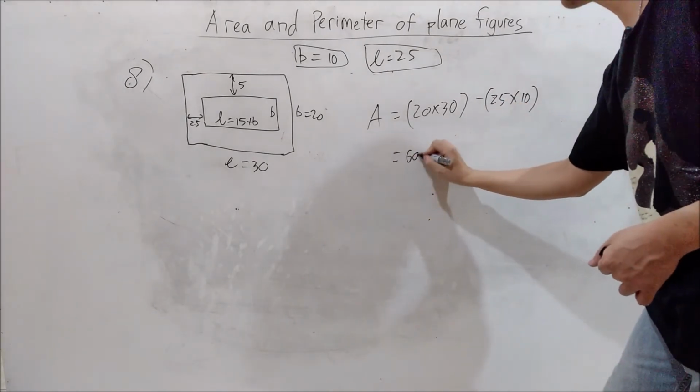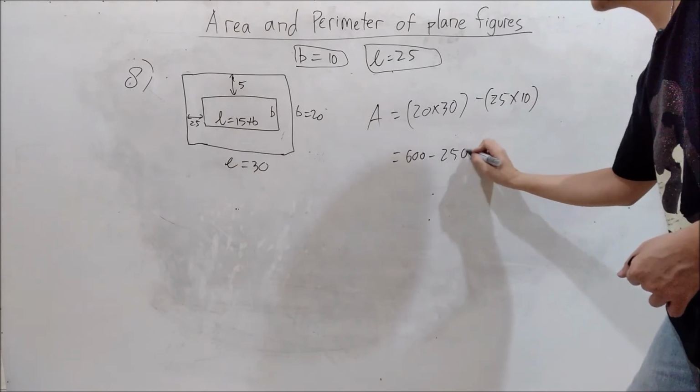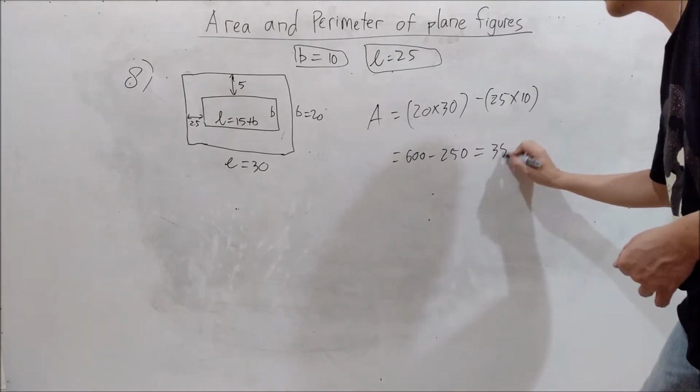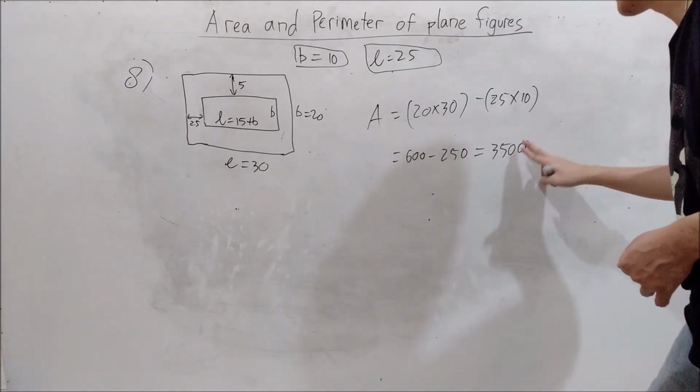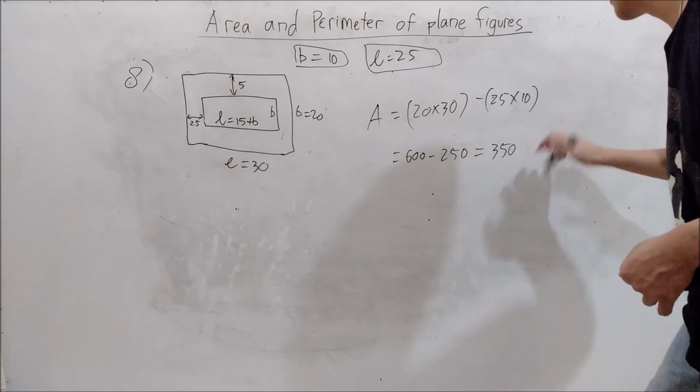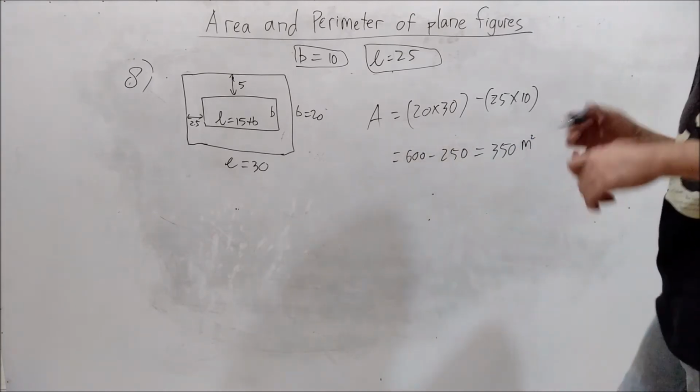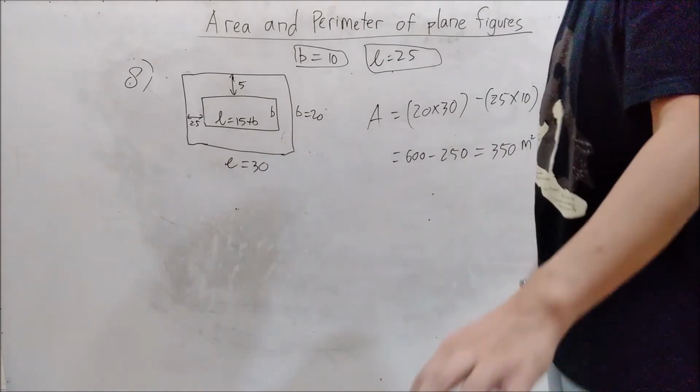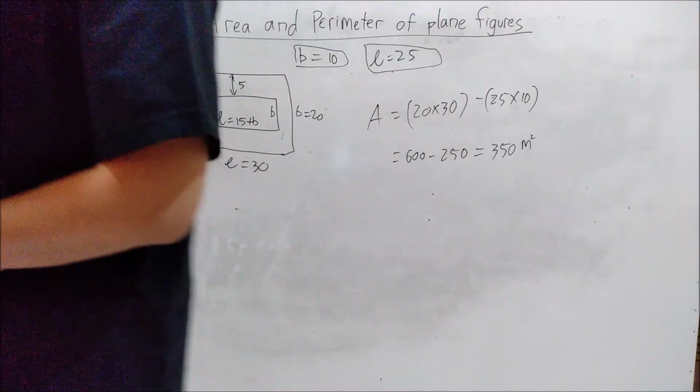So we will have 600 minus 250, leaving us with 350. I'm sorry, not centimeter, but meter squared. That's it for number 8.